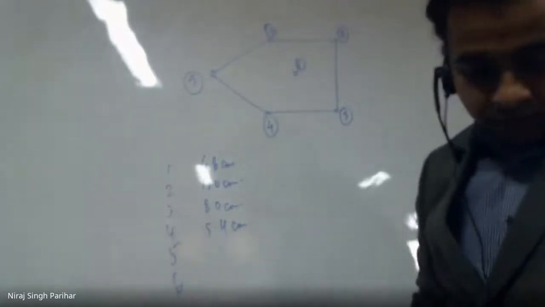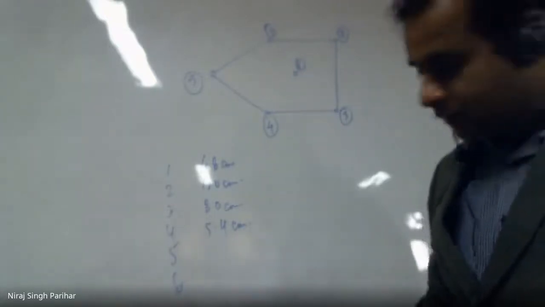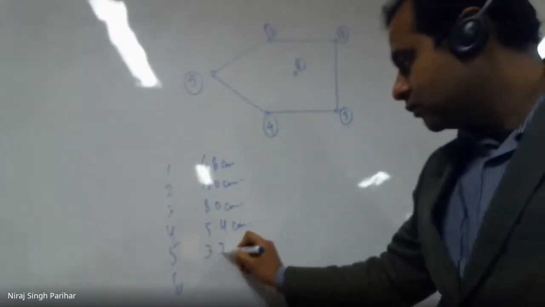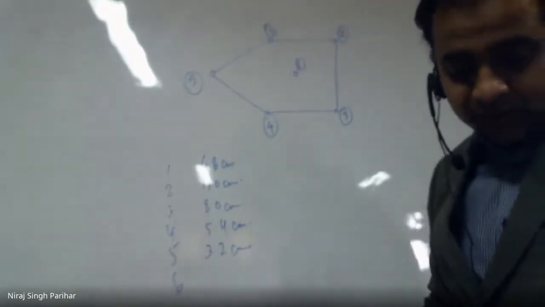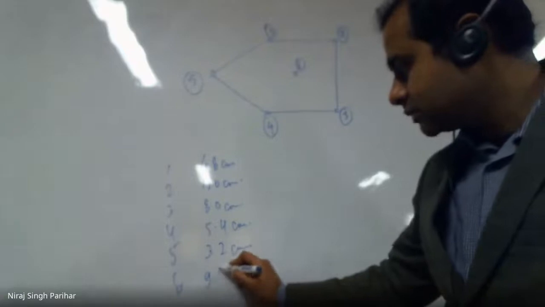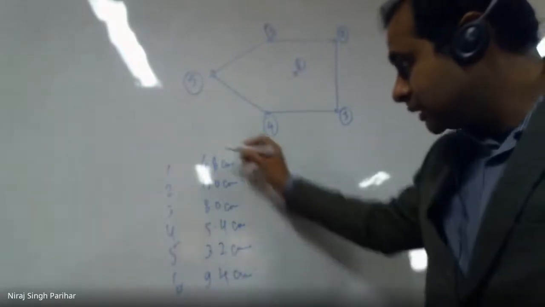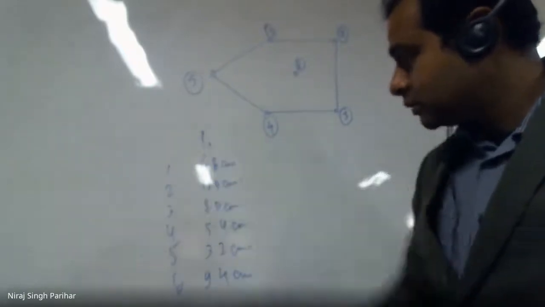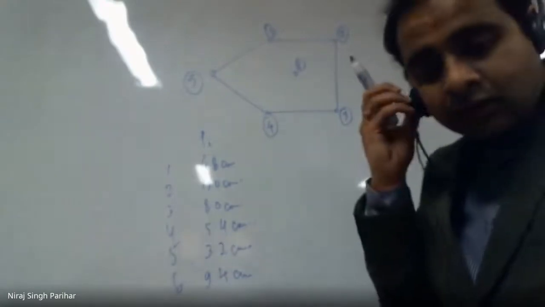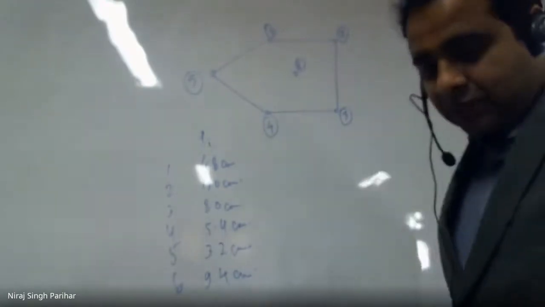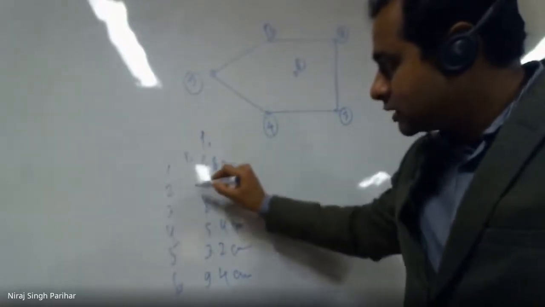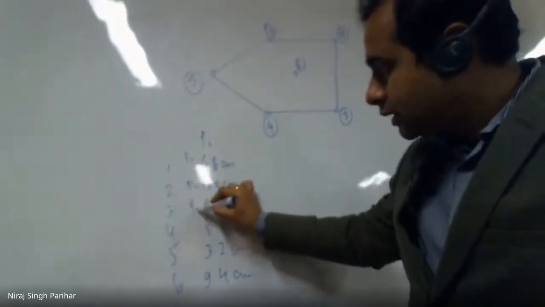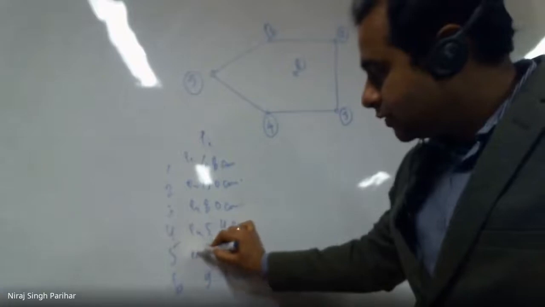Station number 5 we have 3.2 centimeter, and station number 6 we have 9.4 centimeter. So these are the precipitation values at each station. You may call these P1, P2, P3, P4, P5, and P6.